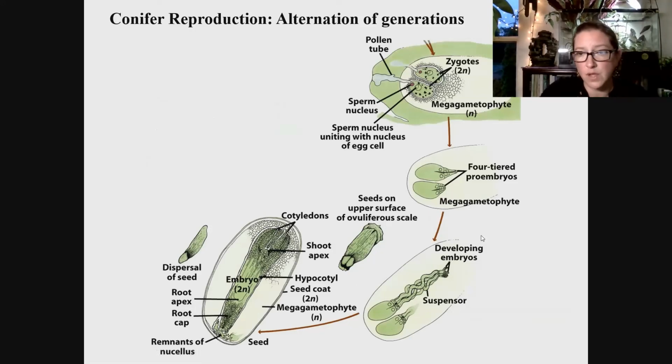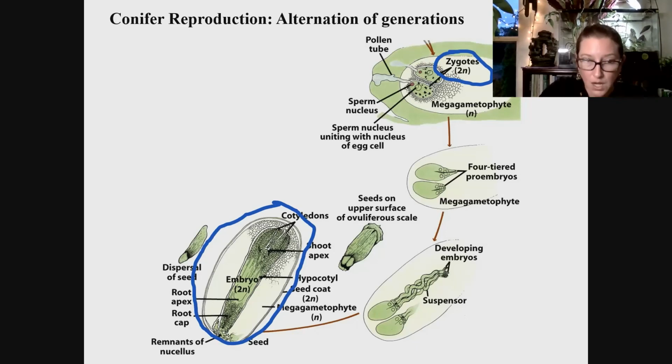So we left off up here, right, with our 2N zygote. Eventually that will grow. Only one of these will become a 2N zygote. So 2N zygote, and then ultimately after the 2N zygote, you have a seed with an embryo inside, right?